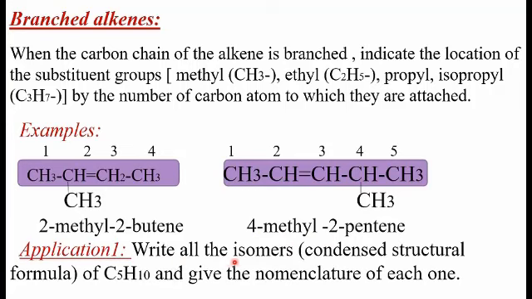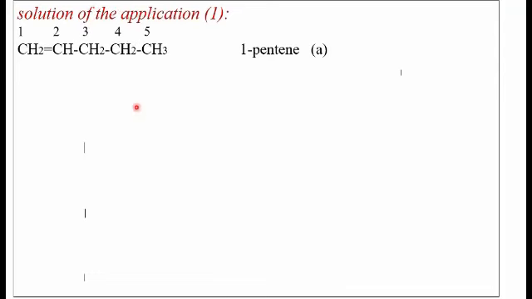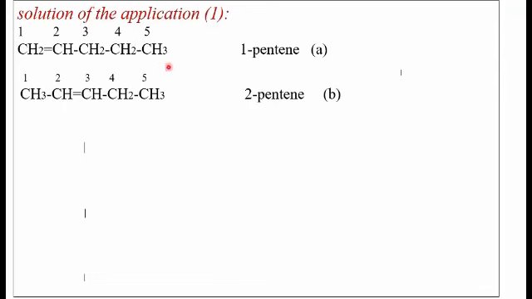Application 1. Write all the isomers condensed structural formula of C5H10 and give the nomenclature of each one. First, I want to take the straight chain and change the position of the double covalent bond. First, I put it between the first and the second carbon atoms, and here between the second and the first.